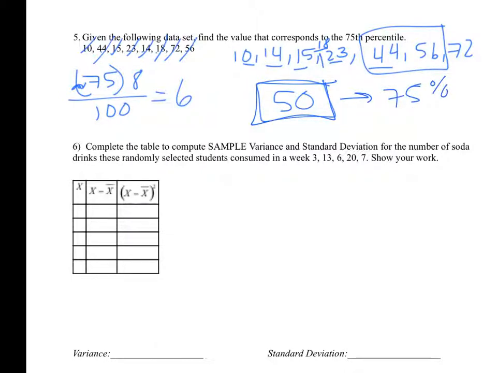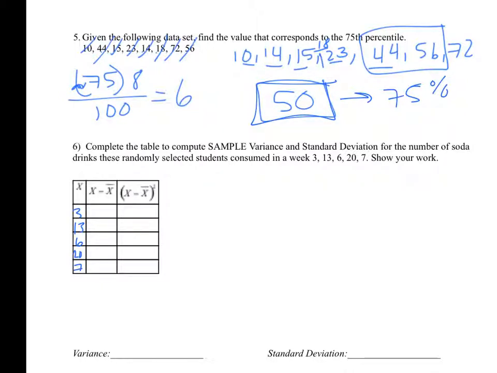Alright, so we want to find the sample variance and sample standard deviation for these numbers, and it says to show your work by hand. So, here's how you do it. First you take each number, 3, 13, 6, 20, and 7, and you calculate the mean.